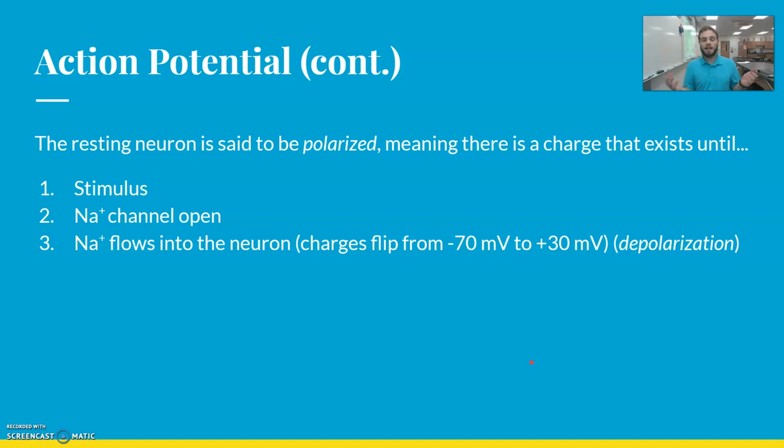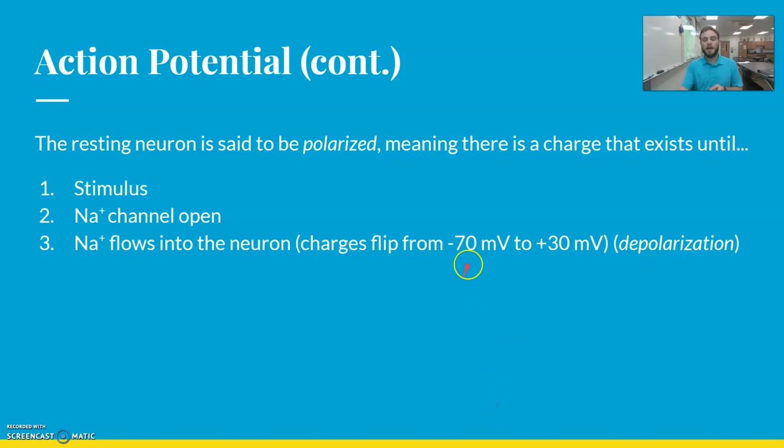What that does is it allows sodium to flow into the neuron. Remember, there's more sodium outside the cell than there is inside the cell, so sodium is going to flow down its concentration gradient. It wants to move from high concentration to low concentration. In this case, they're going to move from outside the neuron into the neuron, and because they're positively charged, that's going to alter the charge that we have on this neuron.